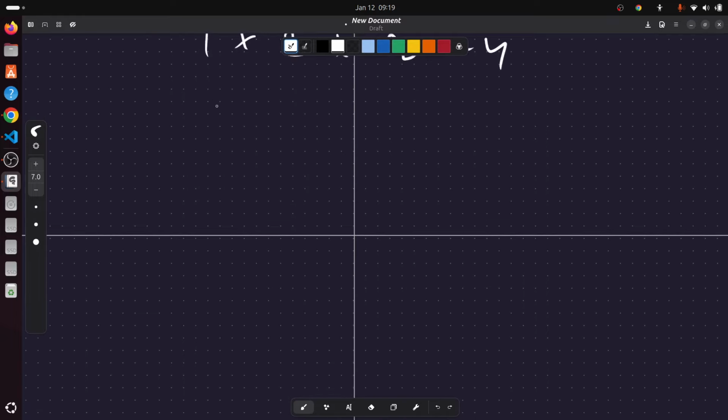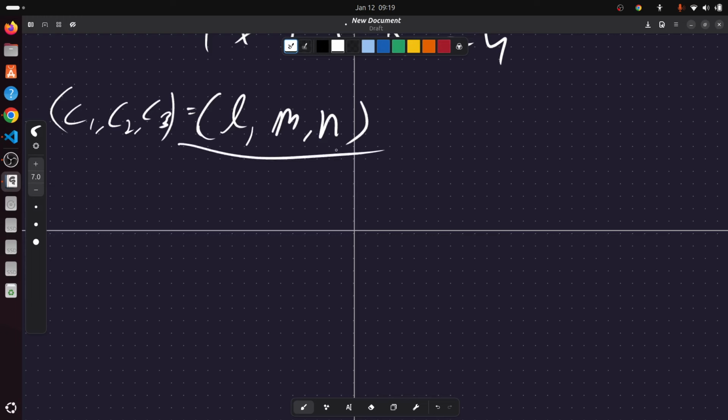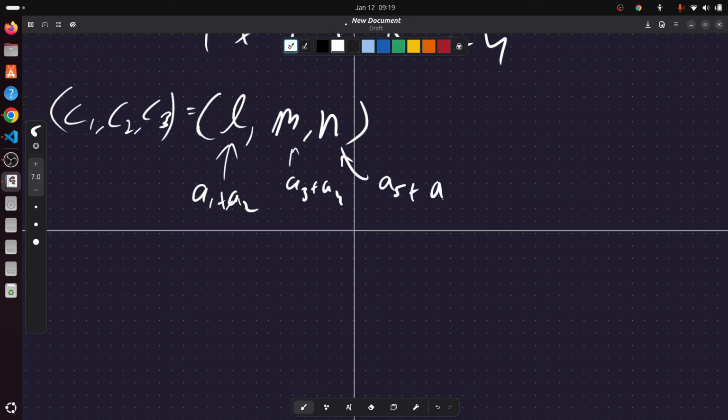In general, if my C1 to C3 value is L, M, N, then the number of ways I can make it is what? I want A1 plus A2 to be equal to L, A3 plus A4 to be equal to M, and A5 plus A6 to be equal to N. So how many ways?